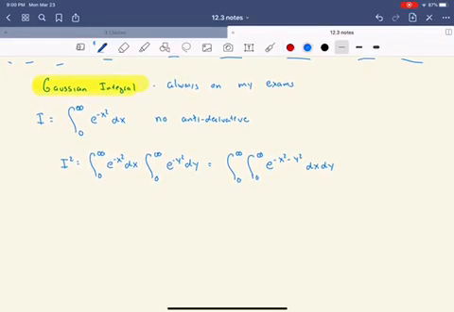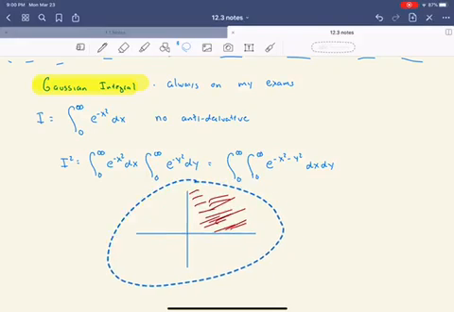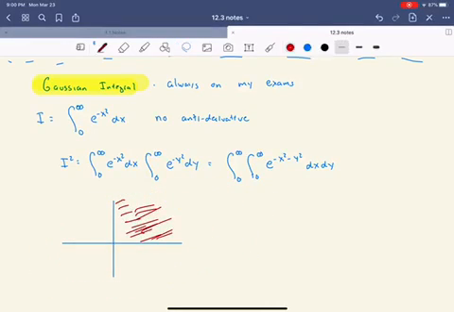Now, let's take a look at the region we're integrating over. We're integrating over this region, right? Okay, so we're going to change this to polar coordinates.